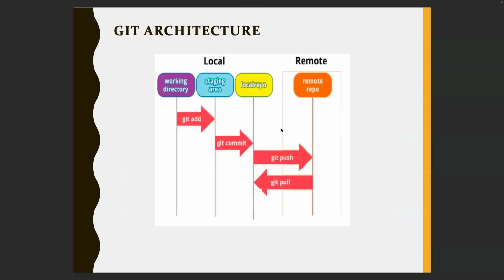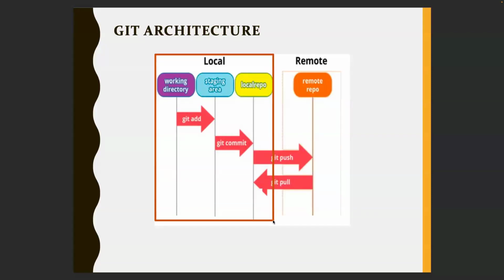Now, let's talk about the architecture of Git. This is the architecture of Git. See here, we have discussed the architecture of distributed version control system in general, right? So each tool may have its own terminology. This is the workstation of an individual user.